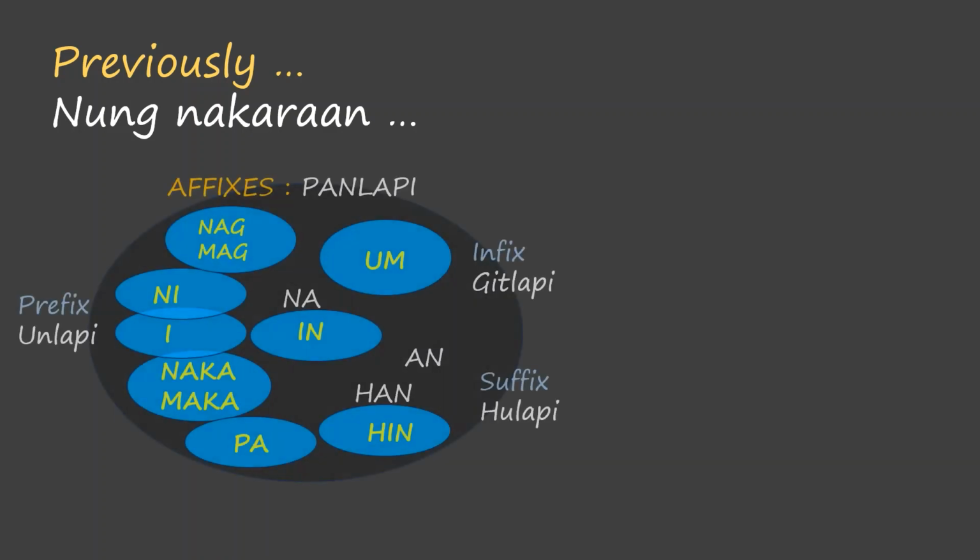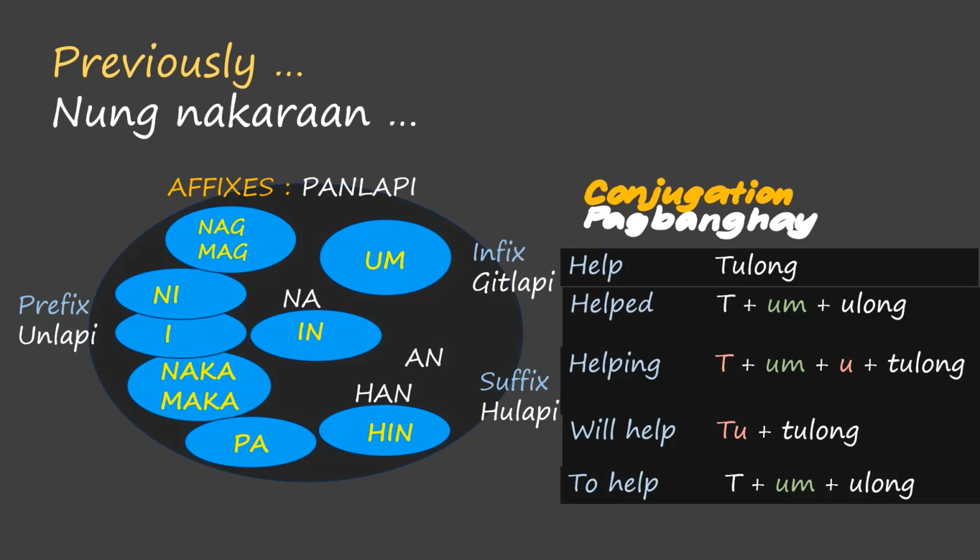Previously, nung nakaraan, we have learned to form action words or verbs using affixes or panlapi, as well as following the rules of conjugation or pagbanghay to form the past, present, future, and imperative tenses of a verb.